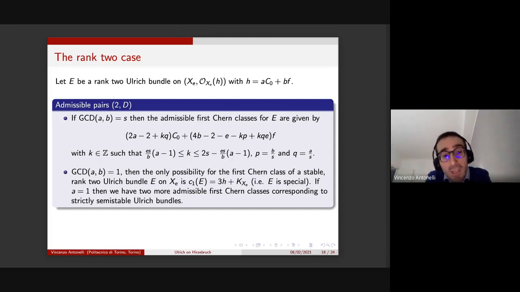And if you take A to be 1, then you have two more admissible first Chern classes. So you have the special one and the other two admissible first Chern classes, and they correspond to the extension of the Ulrich line bundles, the trivial extension. Just take 2 copies of the same Ulrich line bundle.